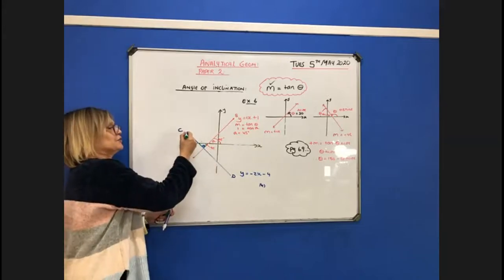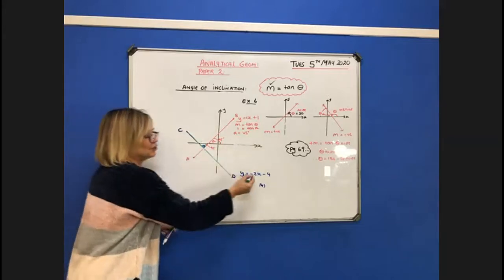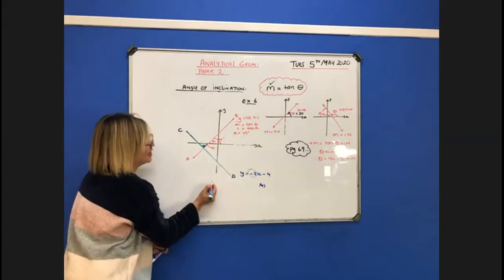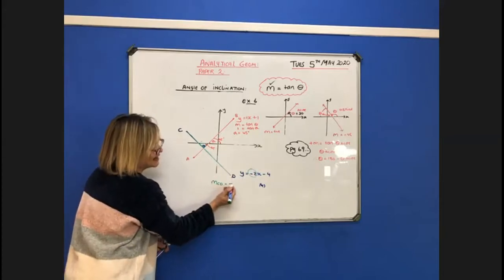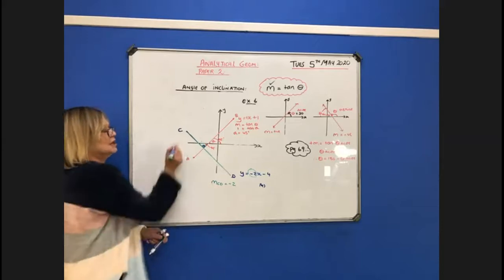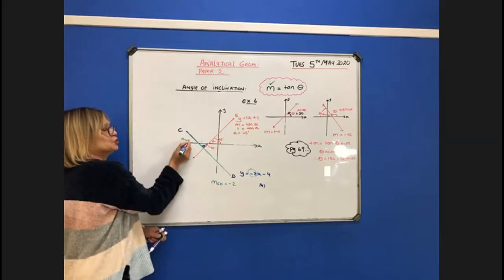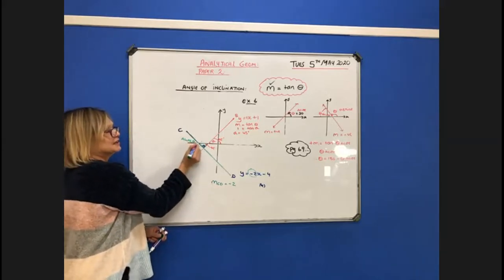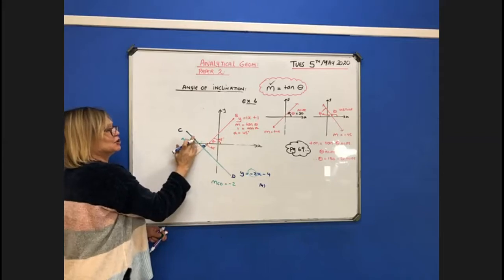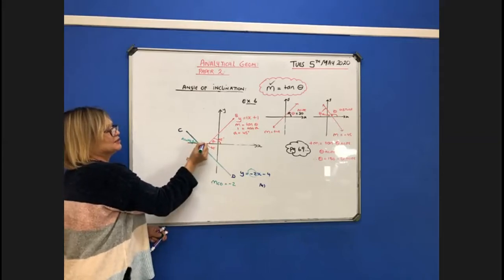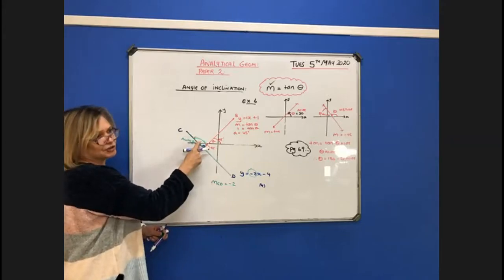Now, this straight line here, the gradient of the line CD is -2. You've got to find the acute angle first, so let's call it acute angle beta. Do you understand this angle here is actually the angle of inclination?